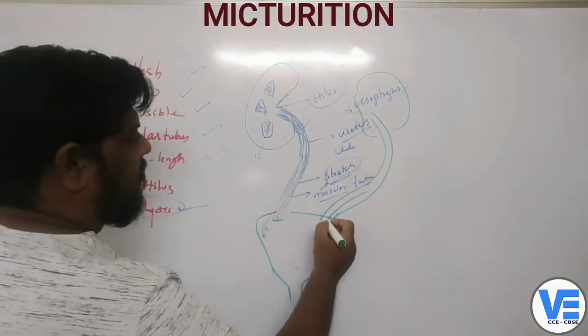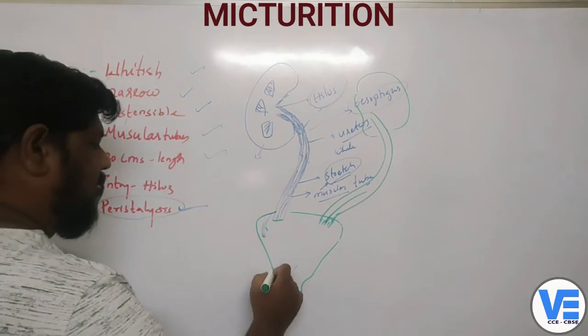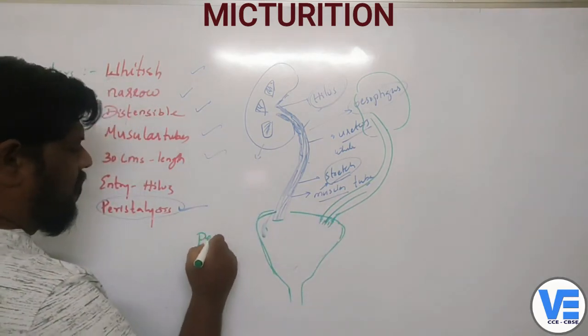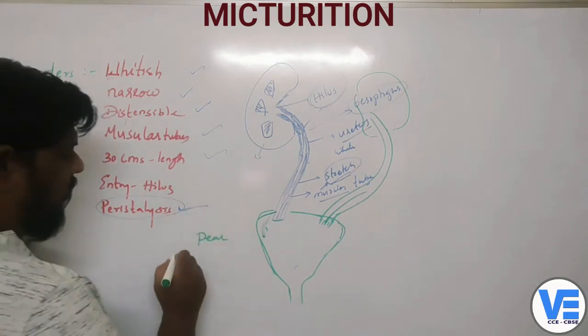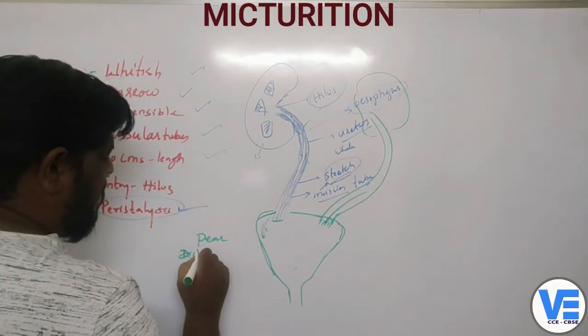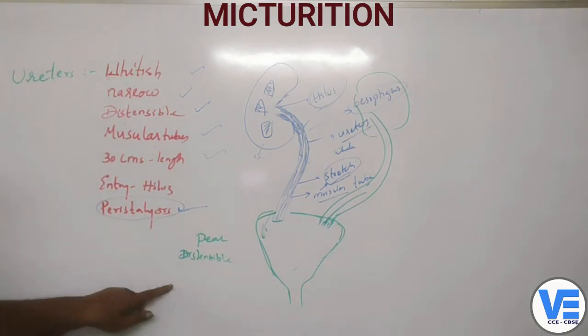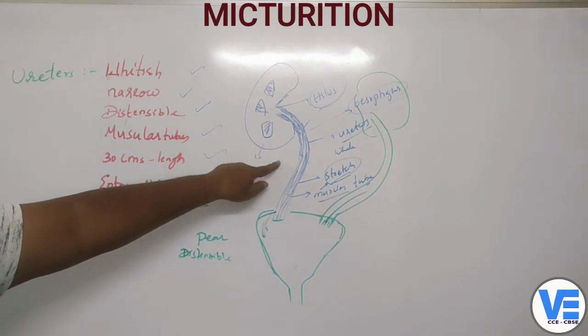So both the ureters come into the urinary bladder. This structure which I have drawn here is a pear-shaped structure, and it is also distensible in nature. What is distensible? Already we know that it is nothing but stretching.